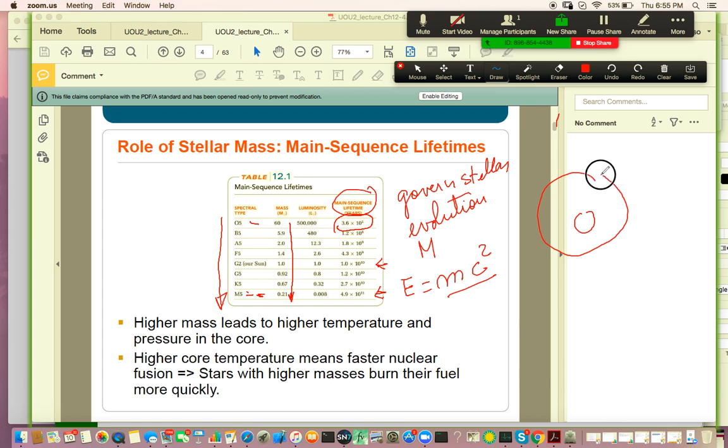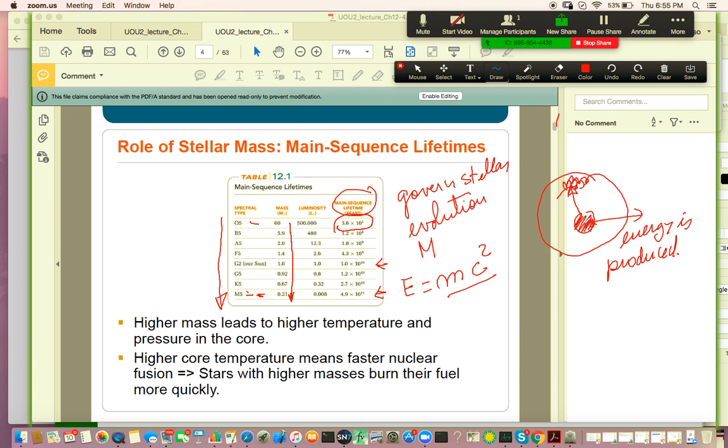So we saw in previous chapters that the star's interior parts are divided into the core, the radiative shell, and for the low mass stars, the convective shells, where convection takes place. So the core is the region where energy is produced.